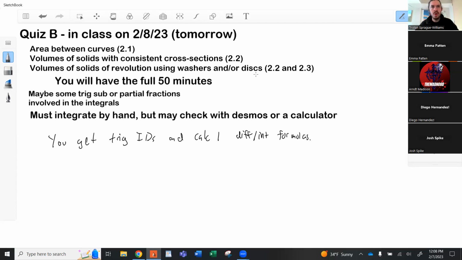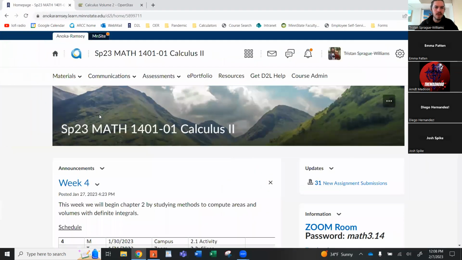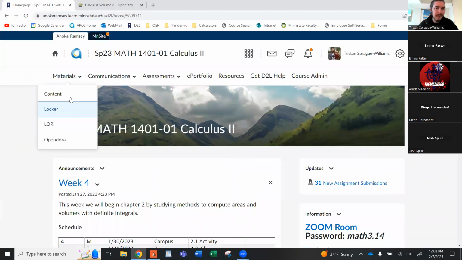But I do want you to memorize the new stuff. So in particular, you might want to memorize the formulas for volumes of revolution using washers and shells.